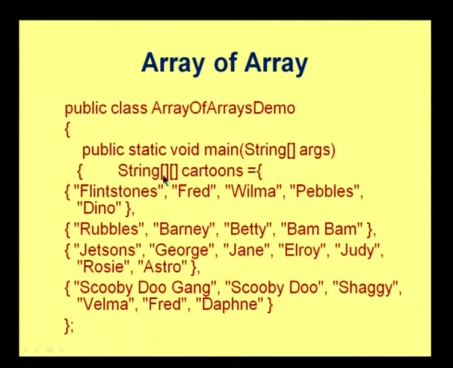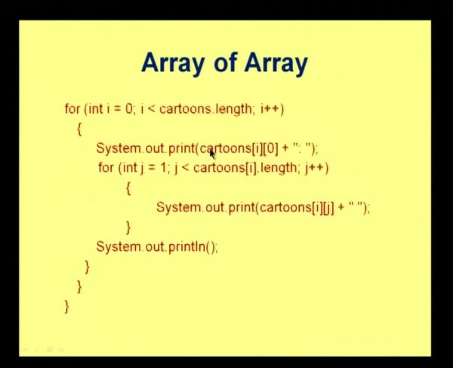In this 2-dimensional array, whenever I specify cartoons of 0, 0, the first element of the first array will be taken into consideration, whereas if I give 0, 1, the first array's second value will be considered. Similarly, we can access all these arrays. You can see here the i value is 0 initially, so 0, 0 will be taken into consideration.